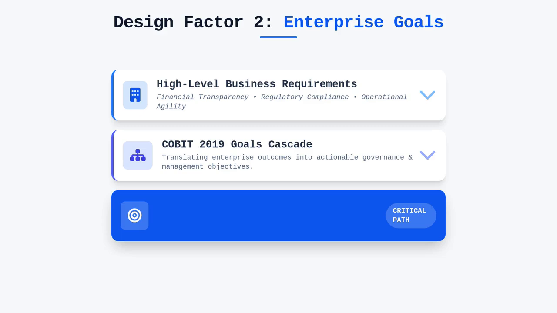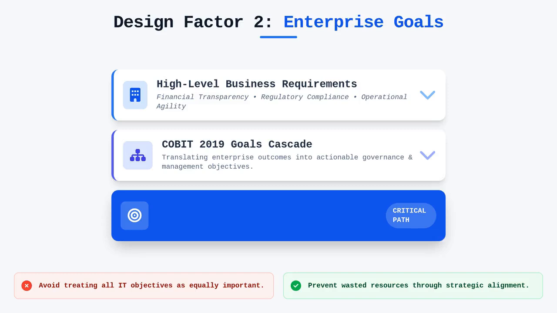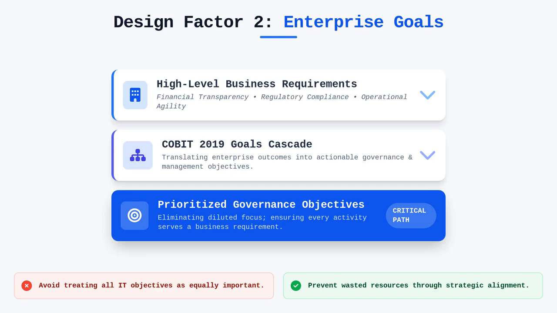By mapping these specific enterprise goals through the established Goals Cascade, we identify which specific governance objectives are most critical for the organization. This process prevents the common mistake of treating all IT objectives as equally important, which leads to diluted focus and wasted resources. Instead, we use the enterprise goals to prioritize our efforts, ensuring that every governance activity directly contributes to a stated business requirement.